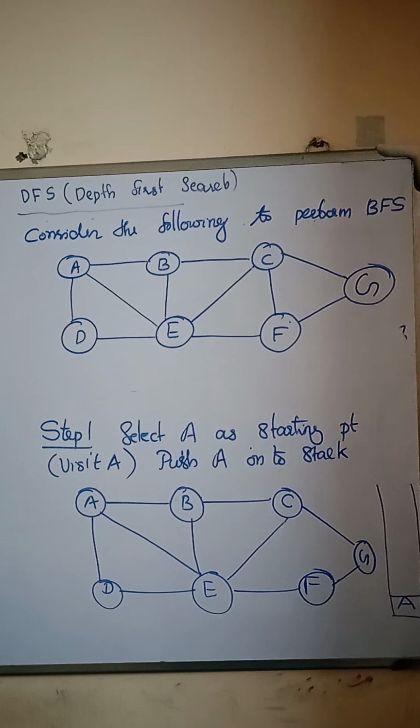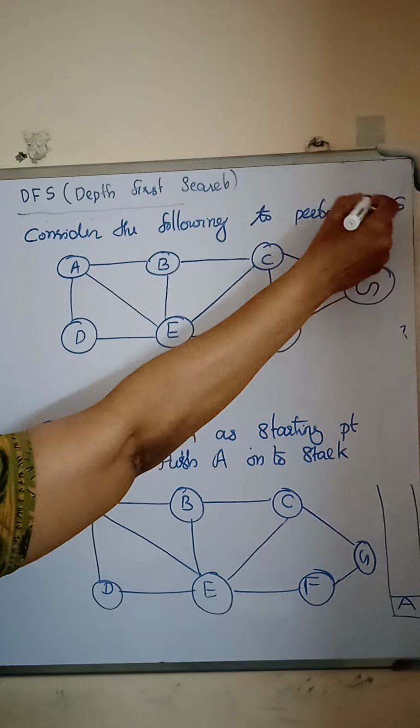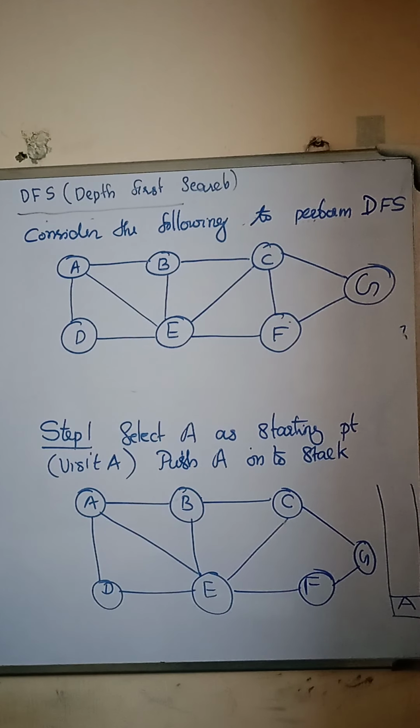So, in the DFS algorithm, step 1 is to define a stack size of the total number of vertices. Now we consider performing DFS, not BFS. Consider this graph to perform DFS.